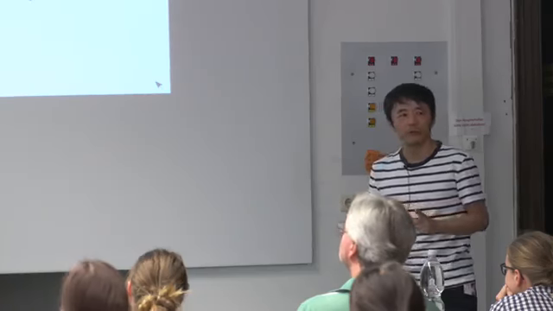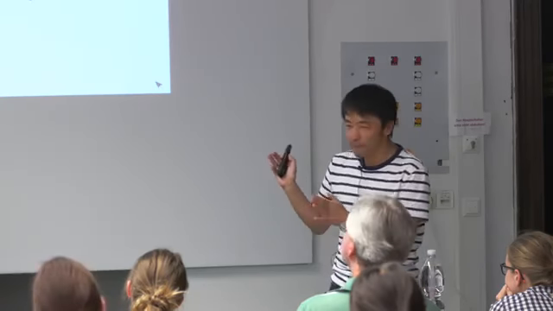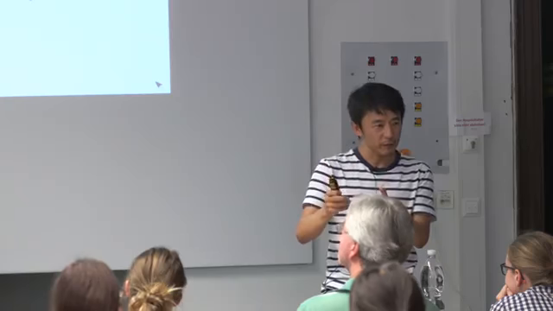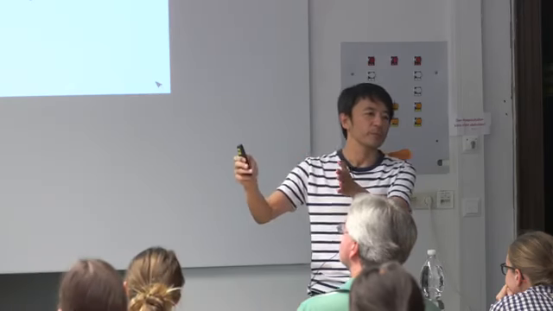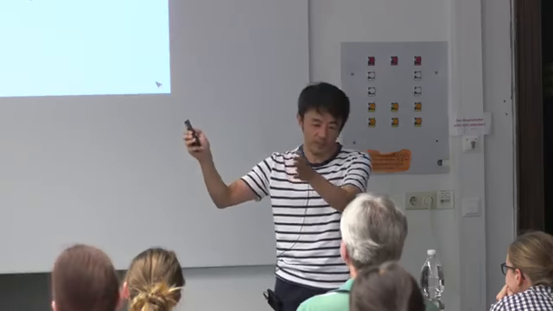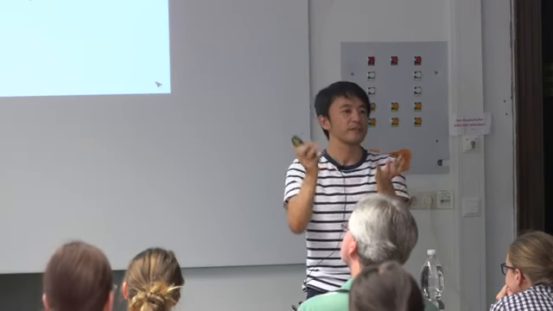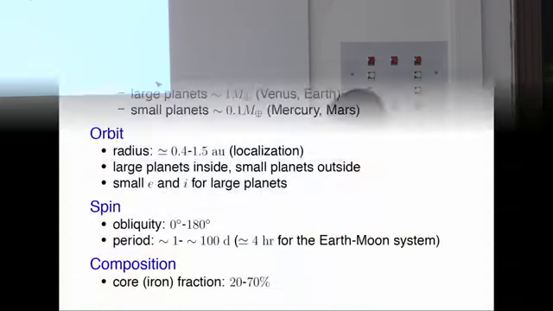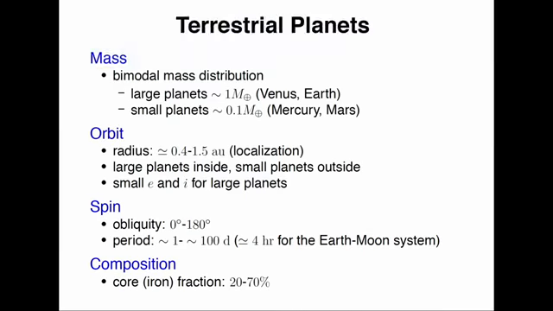But please note the effective spin period of the Earth-Moon system: if the angular momentum of the Earth-Moon system is just added to one Earth, the Earth's spin may have a period of 4 hours. It's a very fast spin.